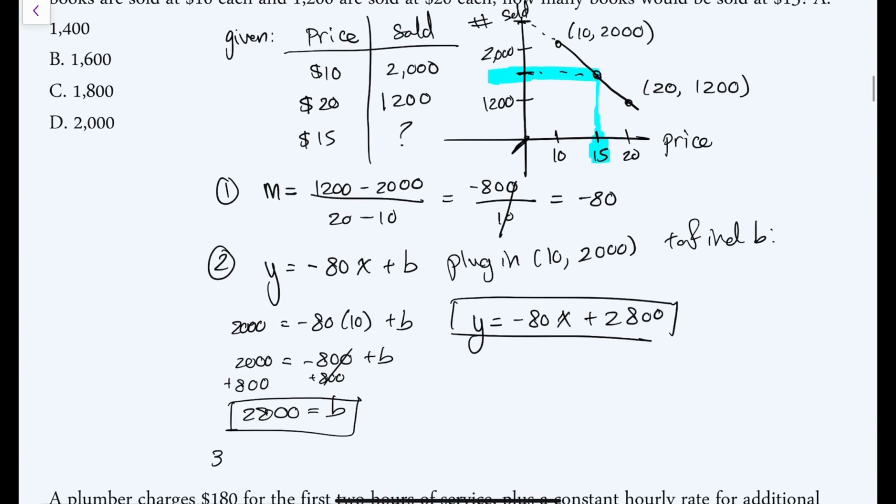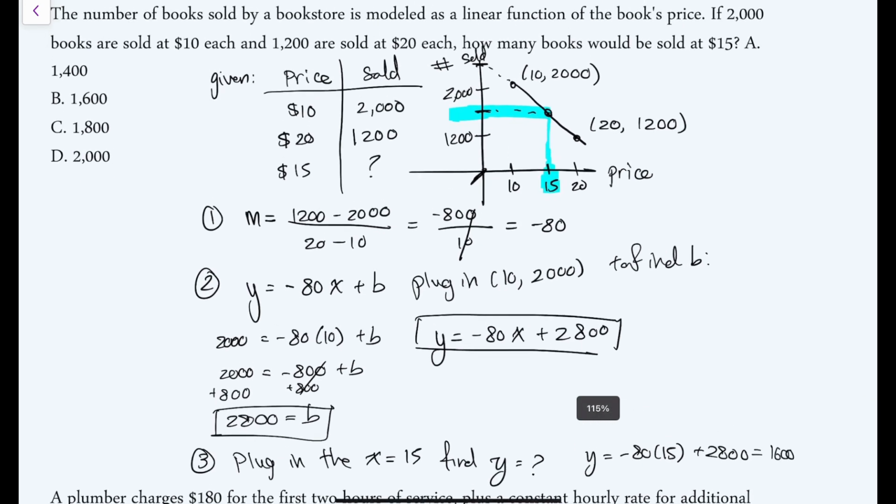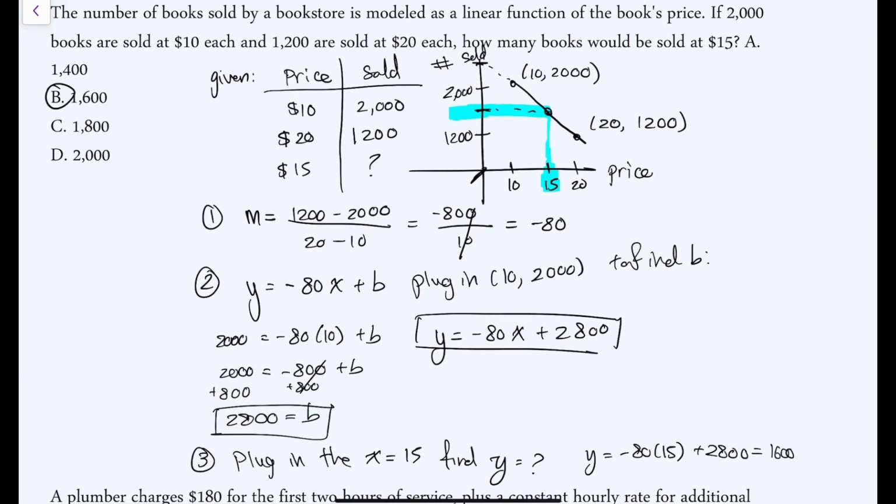Now, step 3, plug in the x, which in our case is 15, and find what y is. So, y is equal to negative 80 times 15 plus 2,800. This equals 1,600. So therefore, 1,600 books would be sold at a price of $15.